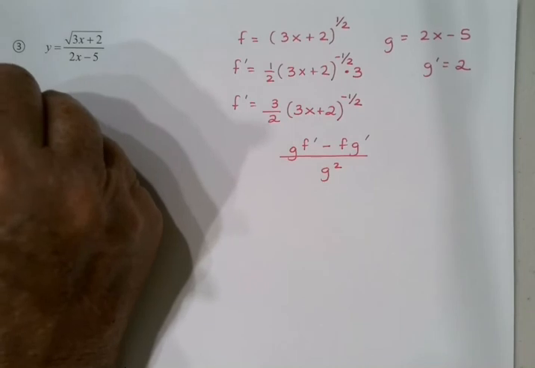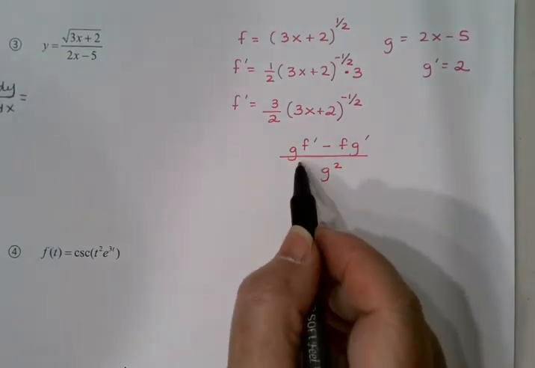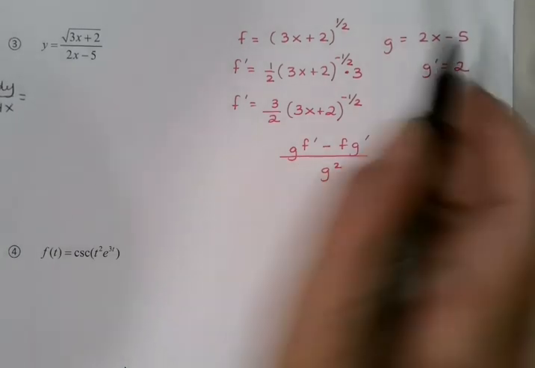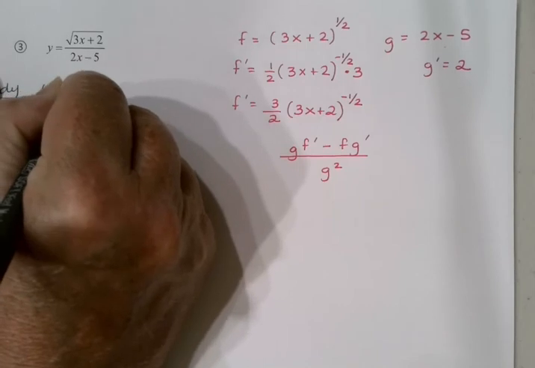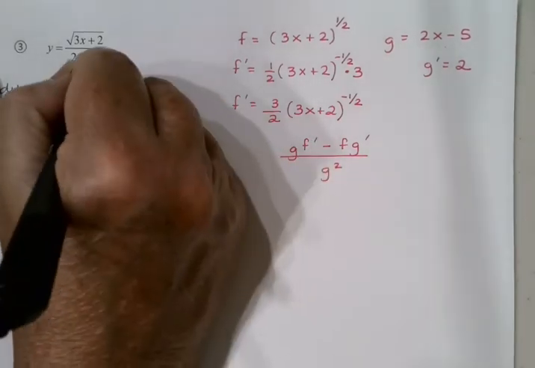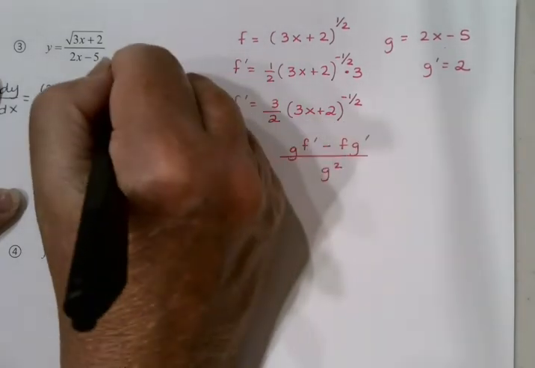So our derivative dy dx, GF prime, 2x minus 5 times 3/2 times 3x plus 2 to the negative 1/2.